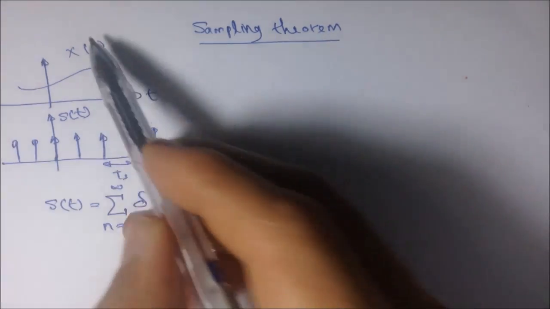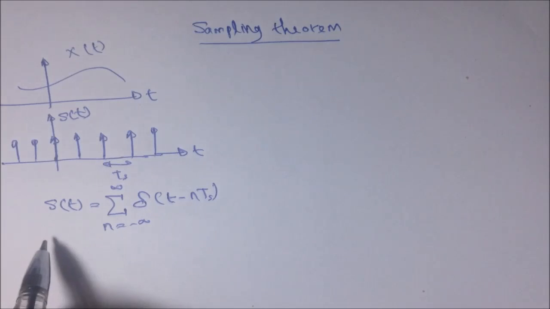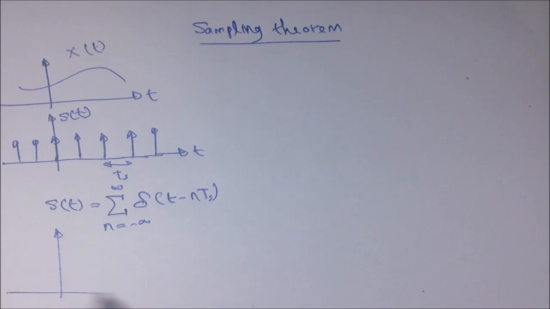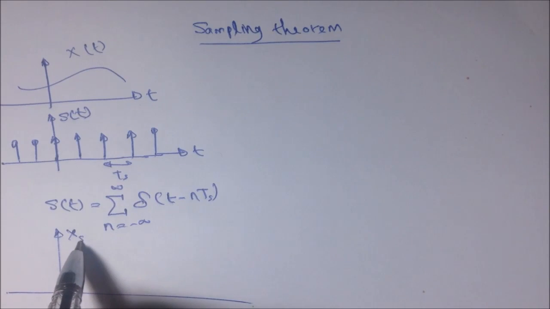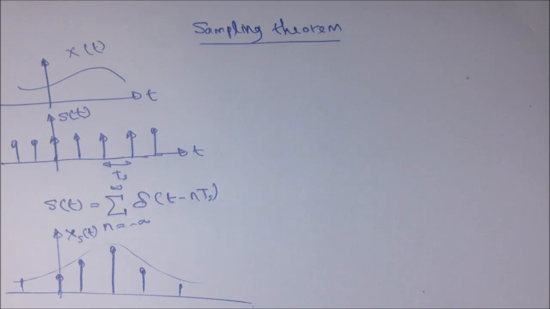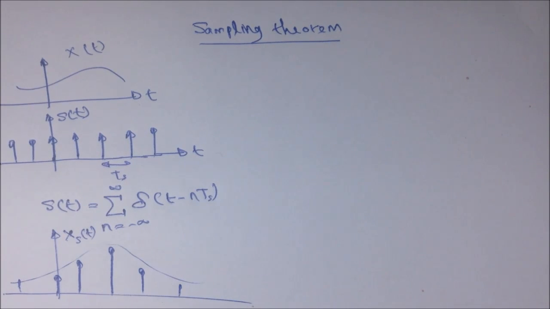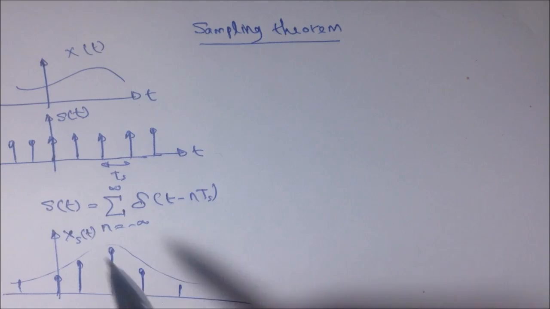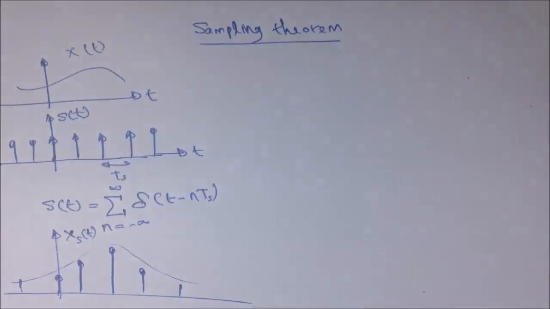So if we multiply x of t by the sampling train, we'll get the sampled version of x of t. Let's call it xs of t. So this is presumably a representative of x of t.